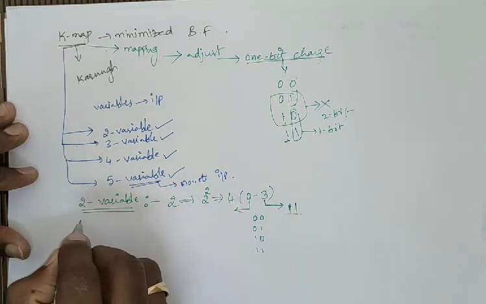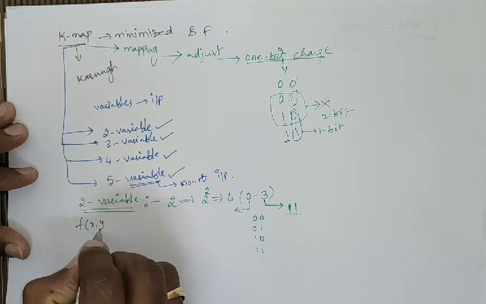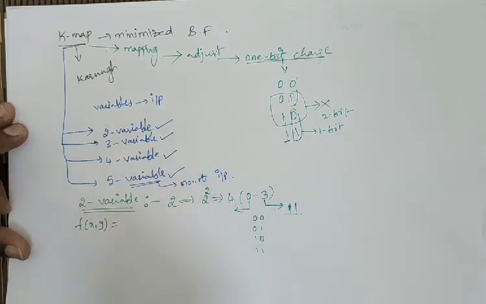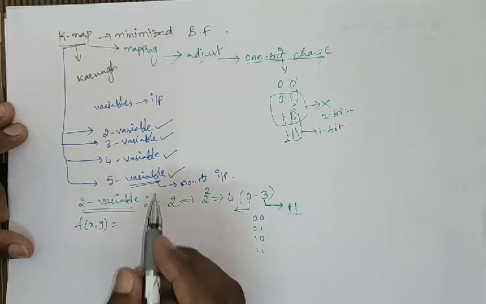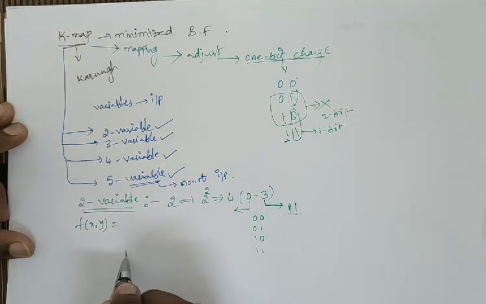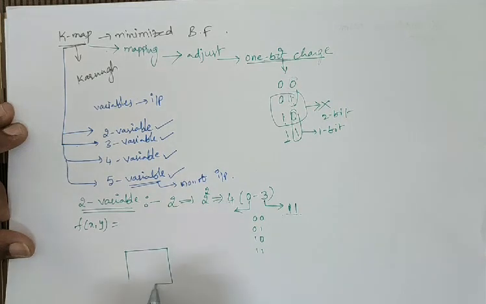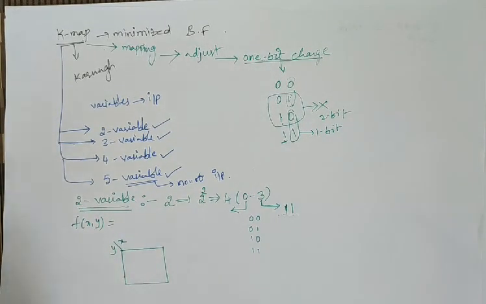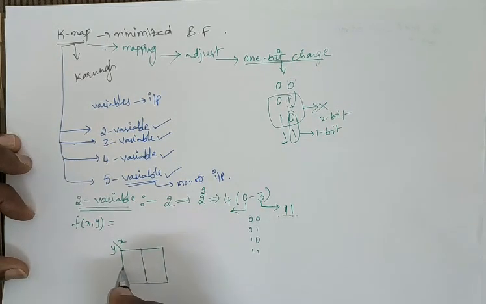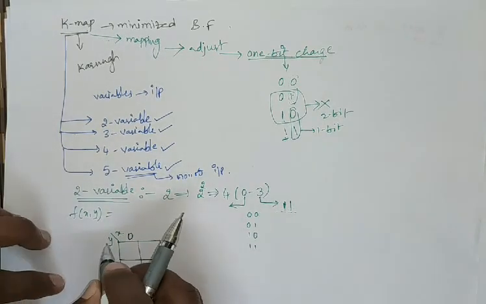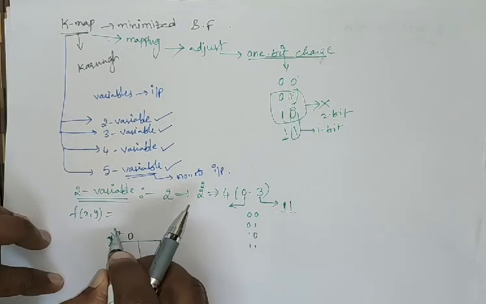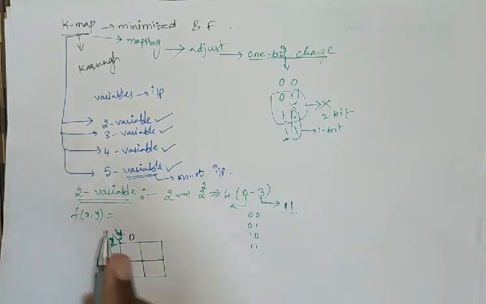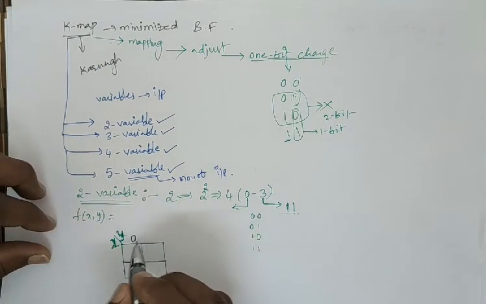For two variables, let us consider the function f of x comma y, where the given terms are min terms or max terms. Before that, how do we place the positions of the given min terms or max terms? Here we have only two variables, let us consider x and y. For each single variable, the possible combinations are 0 and 1.